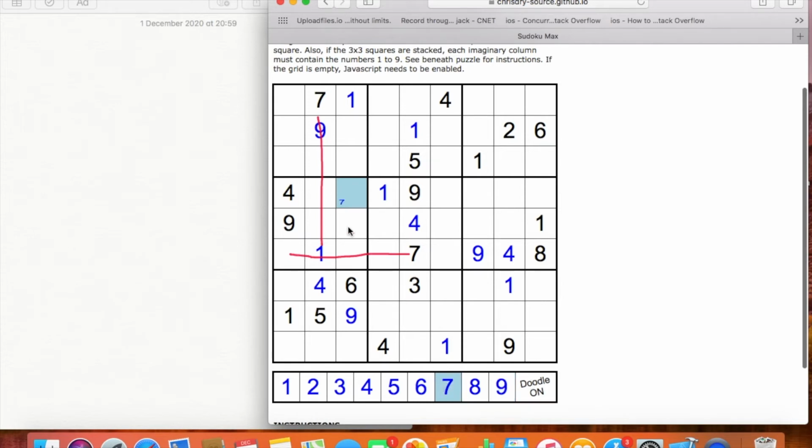So as an aide-memoire, I'll put 2 little 7s in there. They point down in that direction, preventing any 7s going here. So there's 2 squares that can take 7s in there.